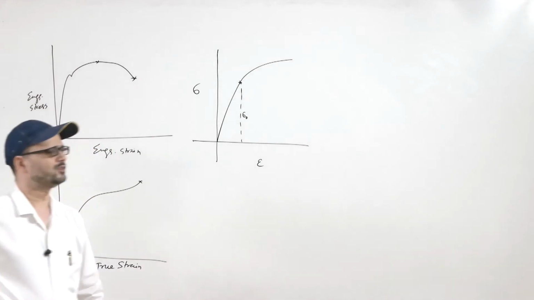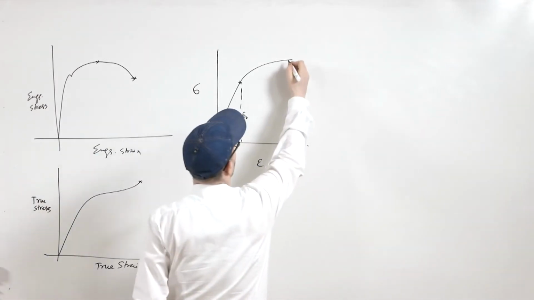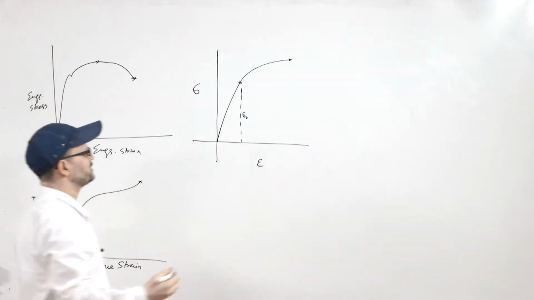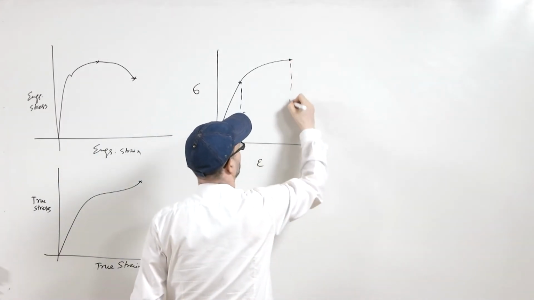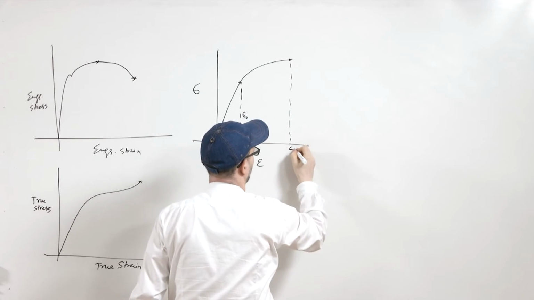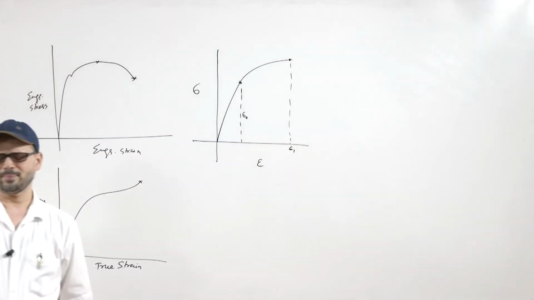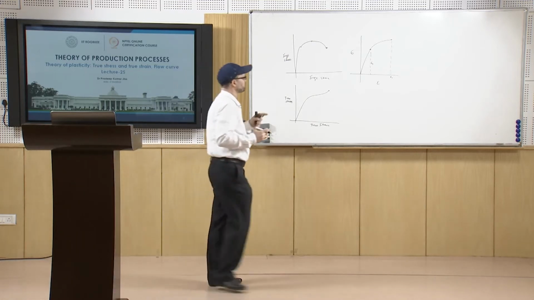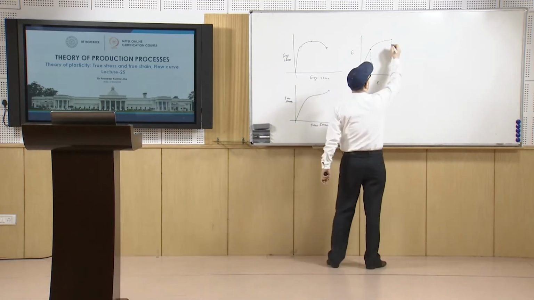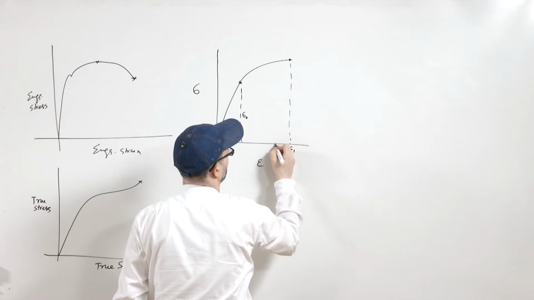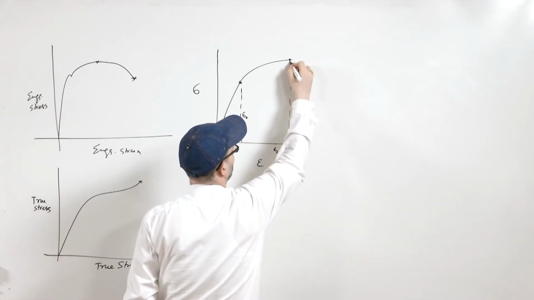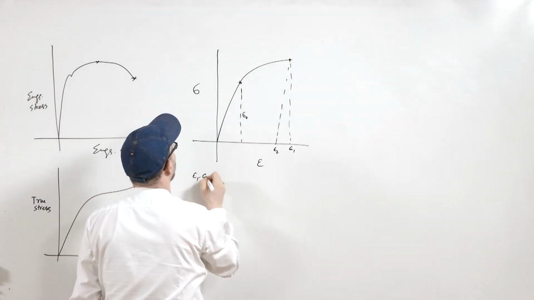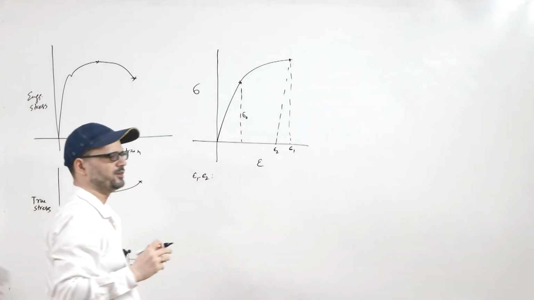Now the thing is that once we go to any point, if you unload, this is your total strain here. Now what happens once you unload is that the strain will decrease to this point, and this epsilon 1 minus epsilon 2 is because of the elastic property of the material.